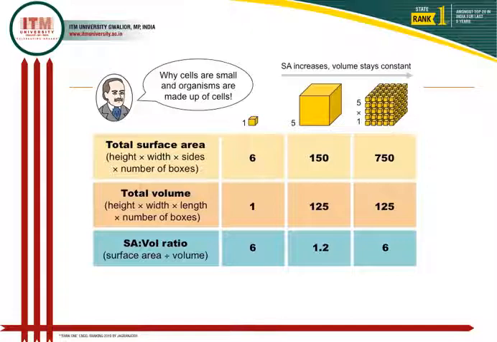The organisms are made up of cells, and cells are very small structures. And why would we want these small structures? We want small structures to increase the surface to volume ratio of any organism.